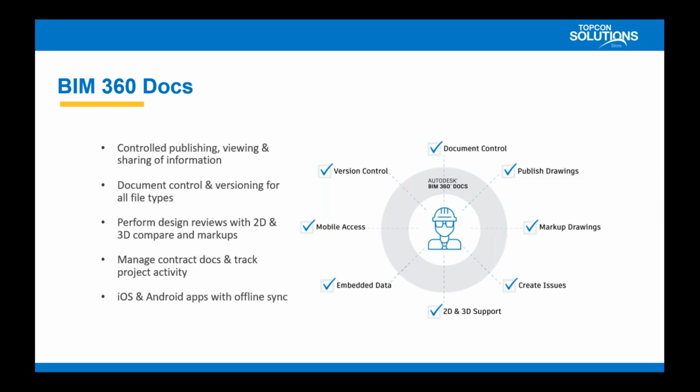Now, another great thing about this is making that data available for anyone else, right? So that's where the iOS and Android apps also come into play with an offline sync. So if we do need to take that data onto our mobile device and go out to a site that does not have a wireless signal, we still have access to that documentation, to the models, to any of that workflow that we still may need.